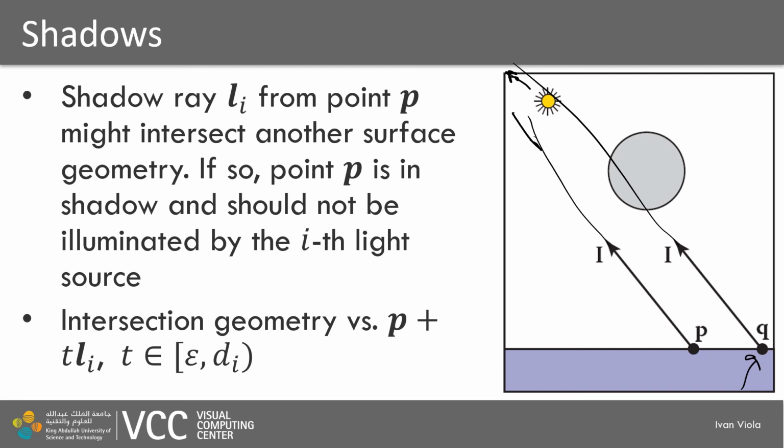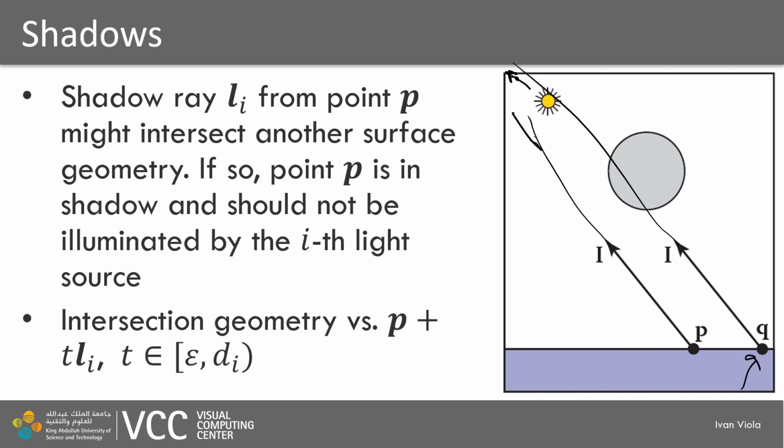And how can we find it out? Simply, we compute the shadow ray, which will again be a ray, but with a starting point Q, and its orientation will be towards the light source. And we will again, for the scene, compute the intersection test with objects. And if this intersection test results in a valid intersection, this means what?